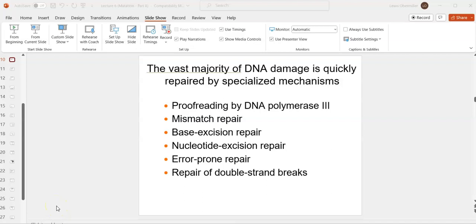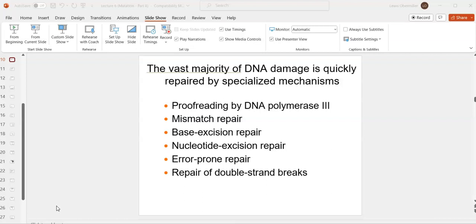Okay, so earlier we talked about proofreading mechanisms and that the replication machinery generally only makes mistakes 1 per billion nucleotides. But it's not like it's just typing out a 32 story novel. It has a lot of proofreading going on here.